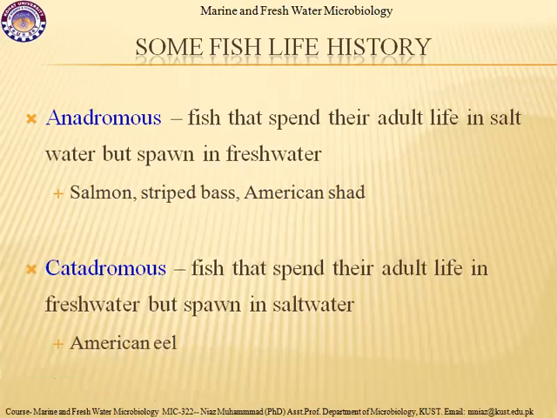Anadromous fish spend their adult life in salt water but spawn in fresh water. This is a main group of fish, and in this group are salmon, striped bass, and American shad. These are the specific fish species that lay eggs in the estuarine region, in the coastal region, mostly in fresh water.